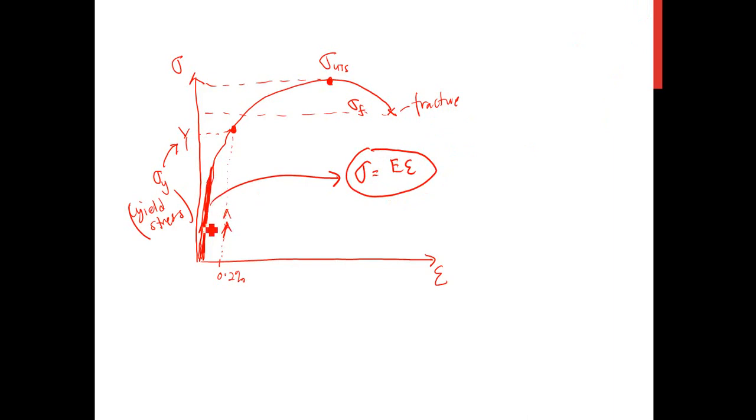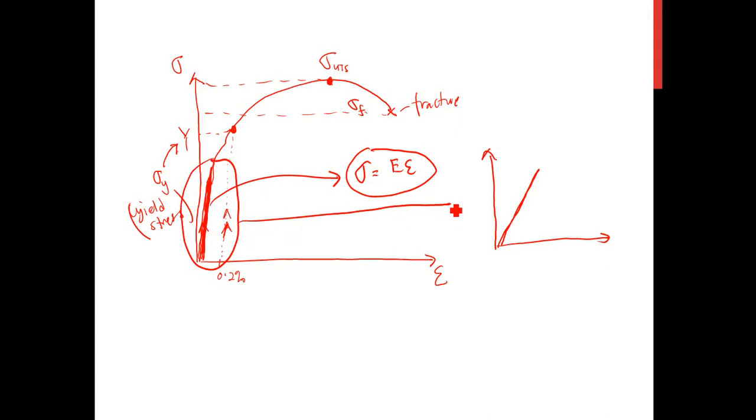If you look at this line, let me draw the linear line again. This slope is represented by E. What is E? E is the Young modulus. From this figure, the y-axis is represented by sigma and the x-axis by epsilon. How do we determine the slope of this line?